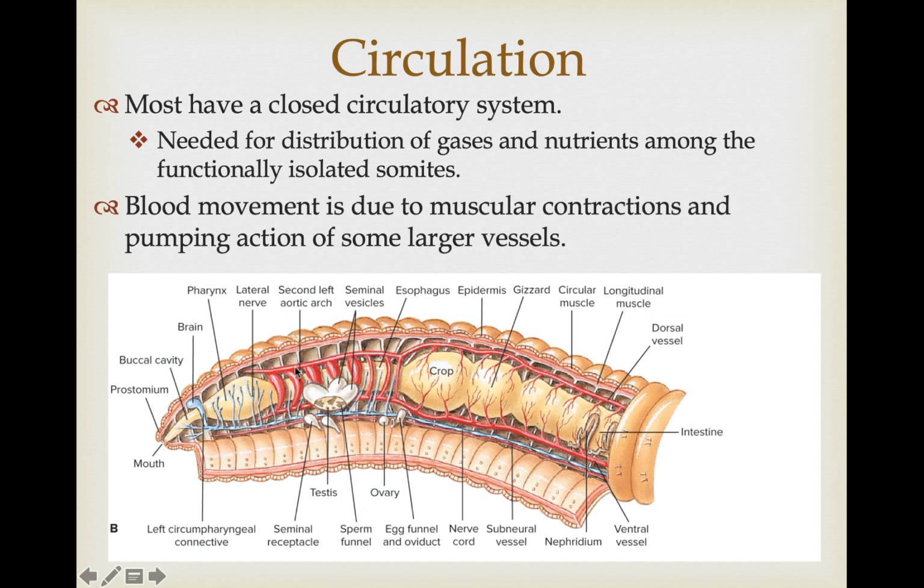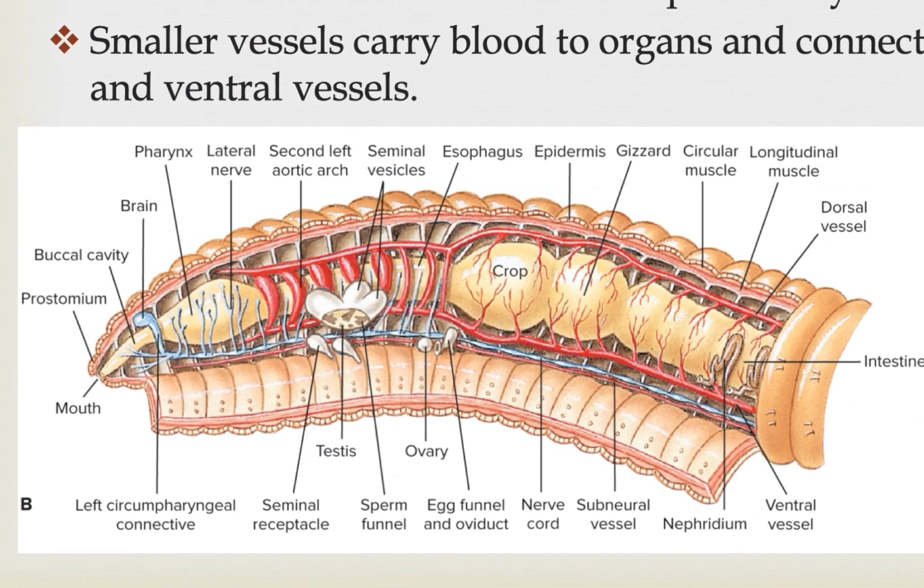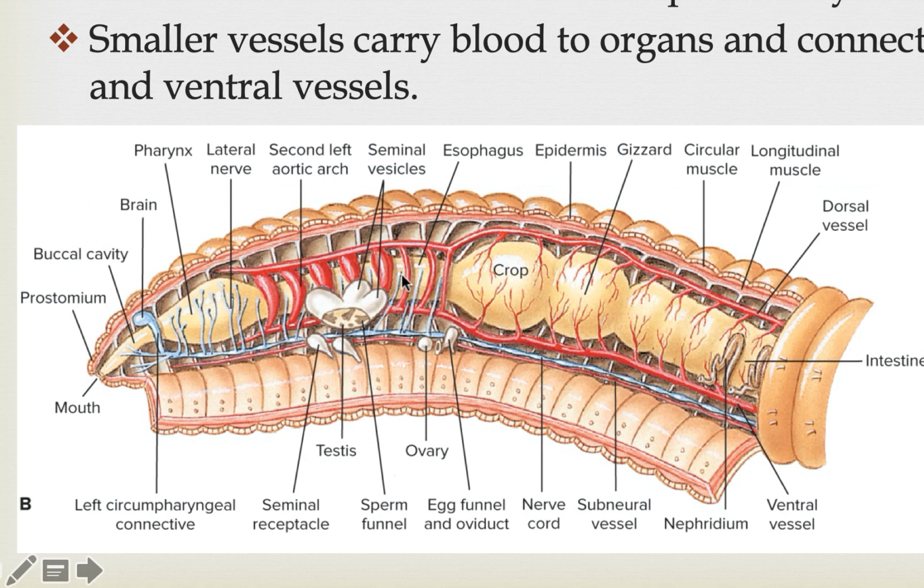Blood is moved through a series of these arches or enlarged pumping vessels, and then also blood can be moved simply through the movement of the body through muscular contractions. The main vessels include the vessels associated with the hearts that are circling the anterior part of the digestive tract.